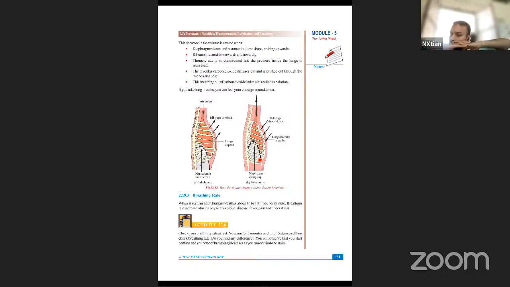And when you exhale, it will become like this. Do exhalation like this. When I forcefully exhale, it will become like this, so that the maximum air gets pushed out. Okay, understood?